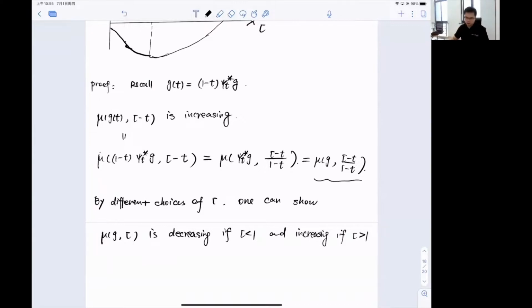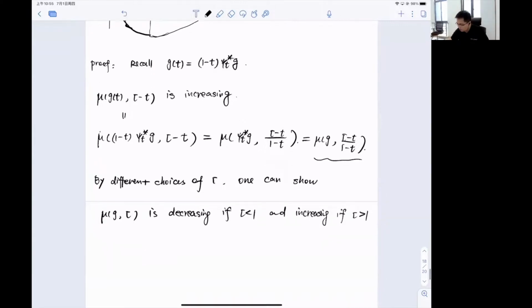So when you choose different tau in this identity, let me circle that, we know that since this is increasing, then we can show that the mu g tau is decreasing when tau is less than 1 and increasing when tau is greater than 1.